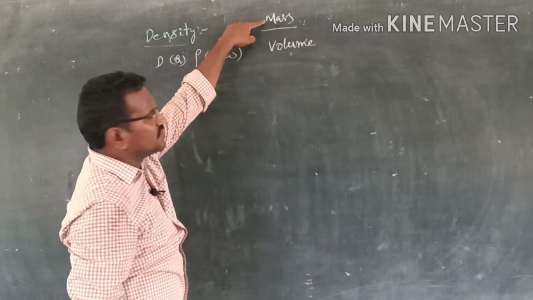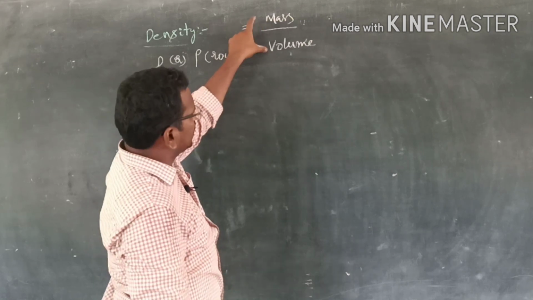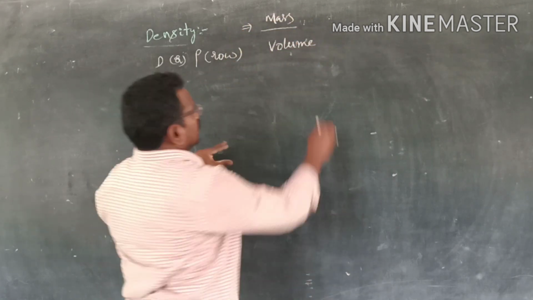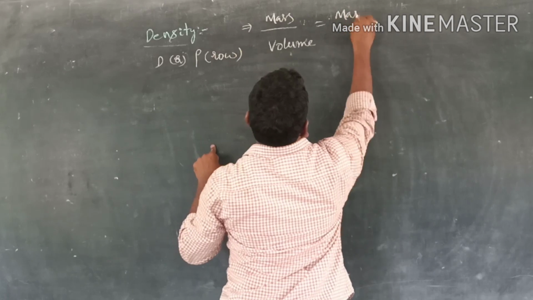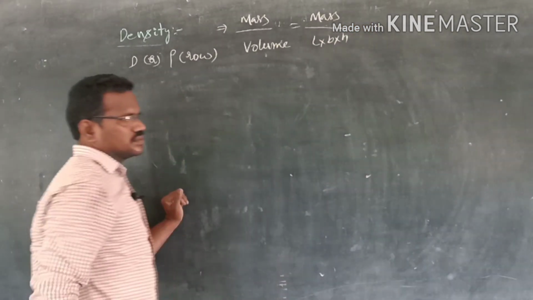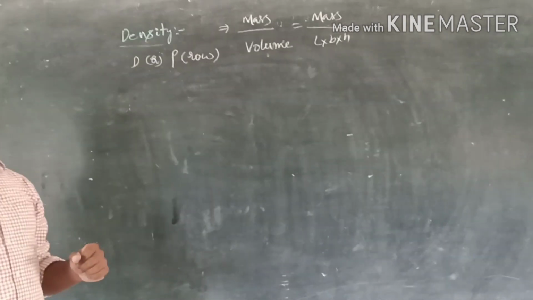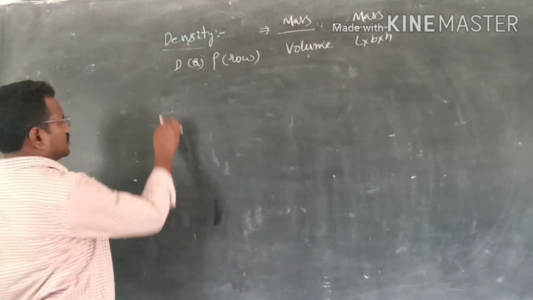Here mass is a fundamental quantity whereas volume is a derived quantity. Again we should convert the volume into fundamental quantities like length into breadth into height. Now it becomes easy to write the CGS units as well as MKS units.